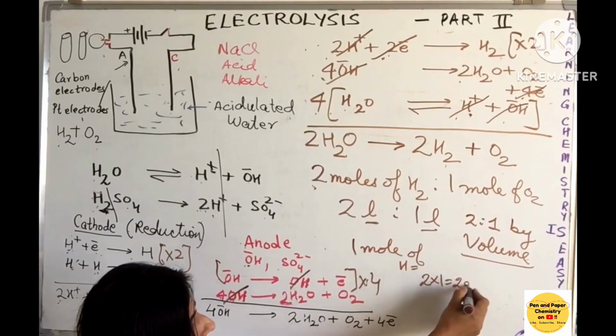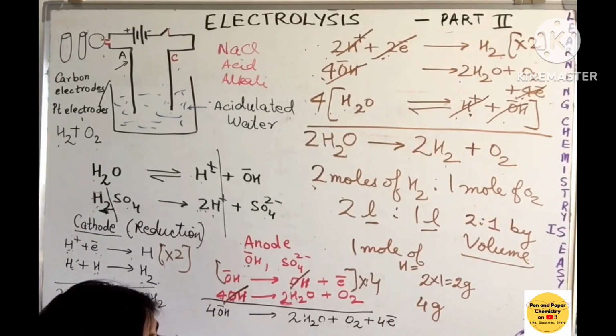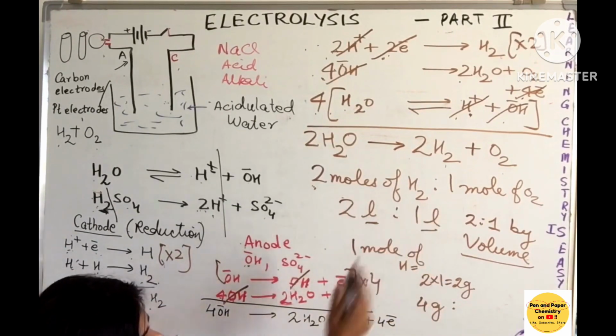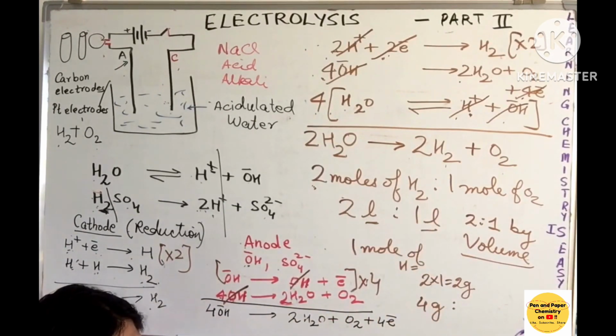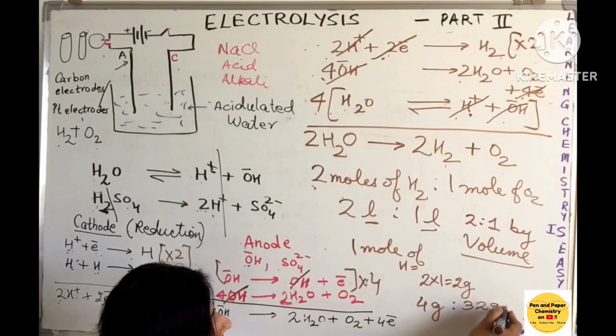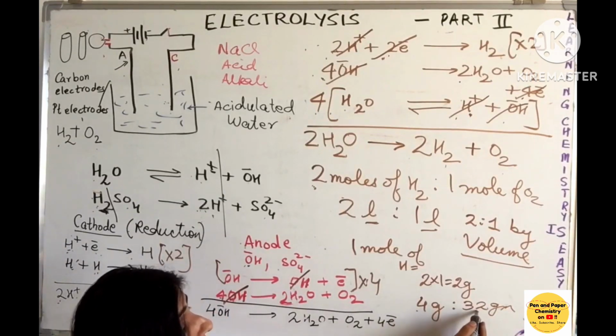So that's 2 grams. 2 moles of hydrogen would be 4 grams. This is based on the atomic weights. What about oxygen? It's only 1 mole. 1 atom of oxygen is 16. So 2 atoms of oxygen is 32 grams, right? So what is the ratio by weight?